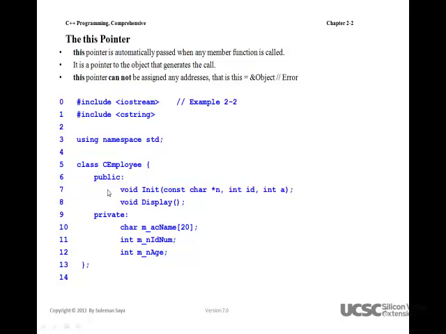Basically, the concept of a pointer is that you allocate memory that is a type of pointer that can only hold addresses. That's the concept about pointers. So you have a memory that will only hold the address of some other memory.